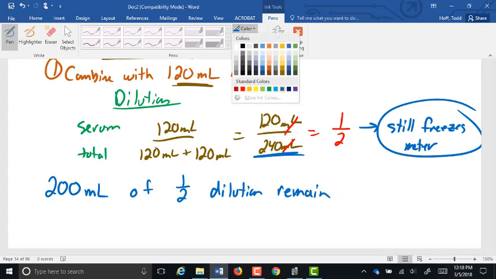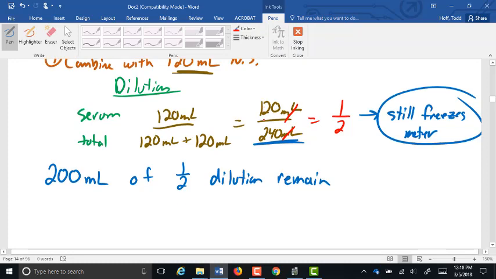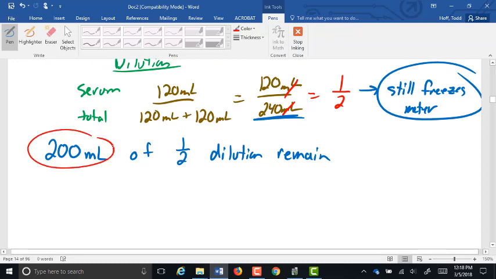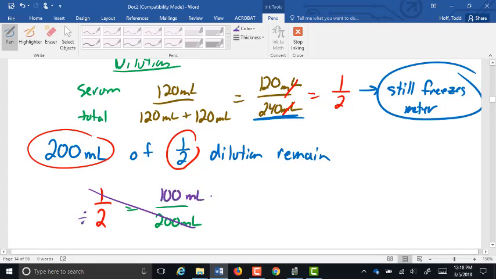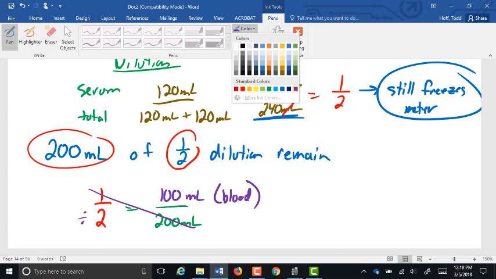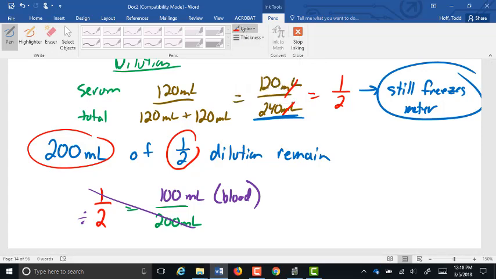If I want to dilute that a second time, I have to work off of this amount. 1 in 2 dilution, that tells me if I cross multiply and divide, 1 times 200 divided by 2, that 100 milliliters of that is still the blood or the serum.